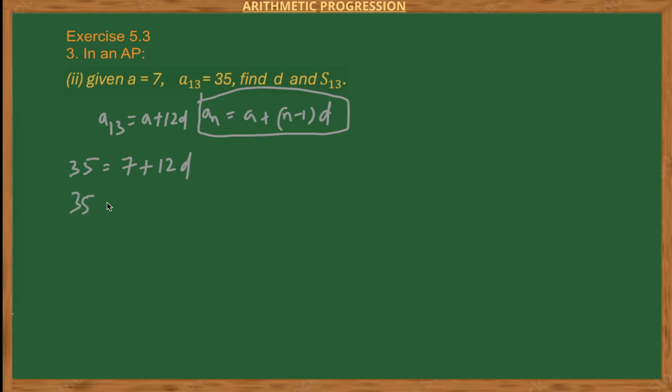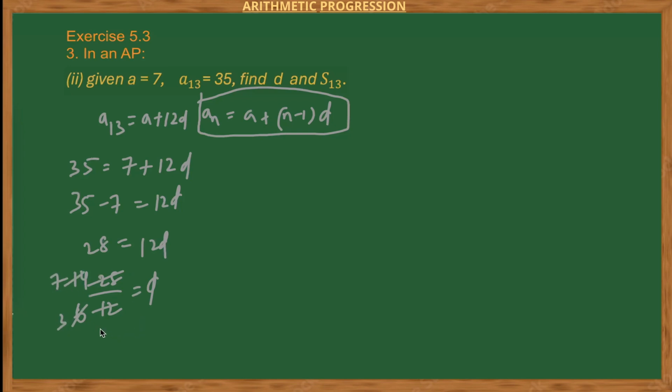So 35 minus 7 is equal to 12D. So 35 minus 7 is equal to 28, which is equal to 12D. So further, 28 divided by 12 is equal to D. Solving this, it goes 2 6 then 1 4, further it goes to 3 7.